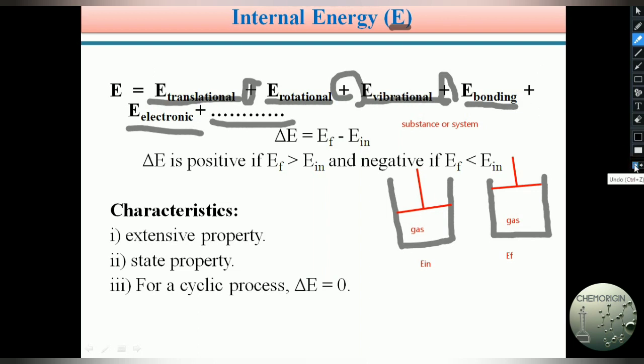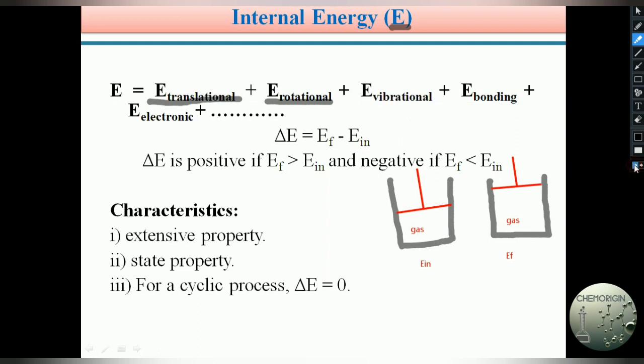Students, already in the module 1 video, we discussed the concept of extensive properties. The properties of a system which depend upon the total material present in the system. Therefore, internal energy is an extensive property. This internal energy depends upon the total material present in the system.